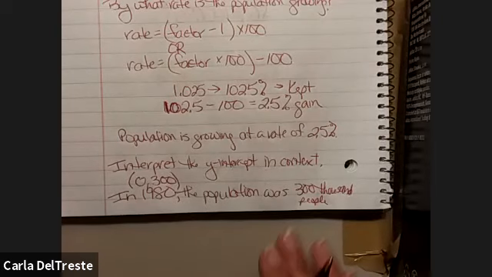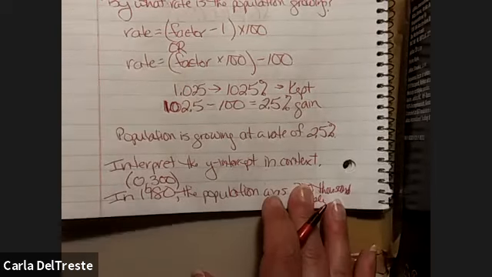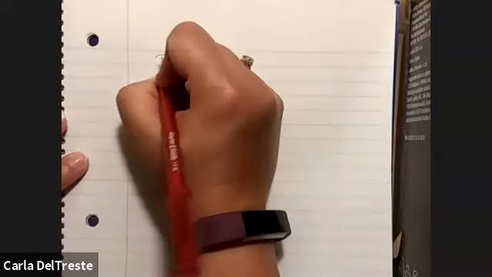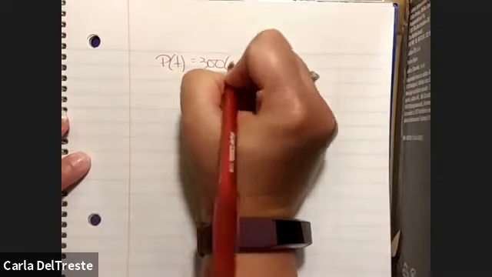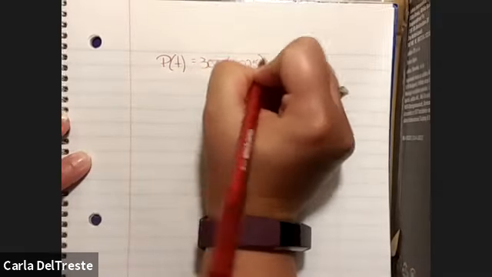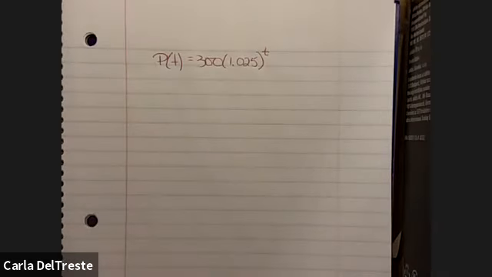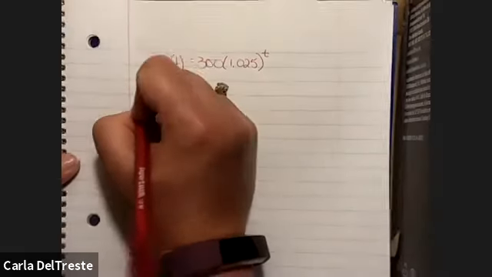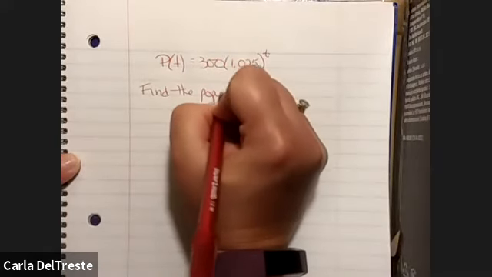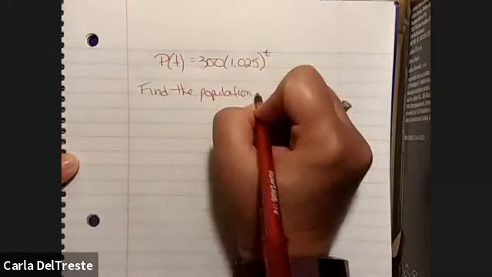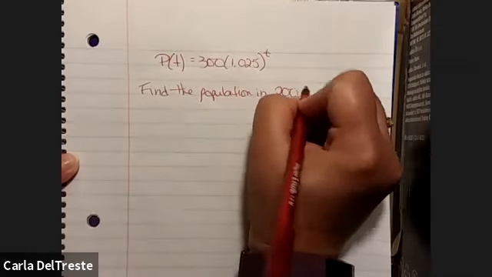All right. Last question relating to this problem. Okay, and because I'm turning the page, I'm just going to rewrite the formula. So it was P of t equals 300 times 1.025 to the t. Okay, the last question is find the population in 2005.